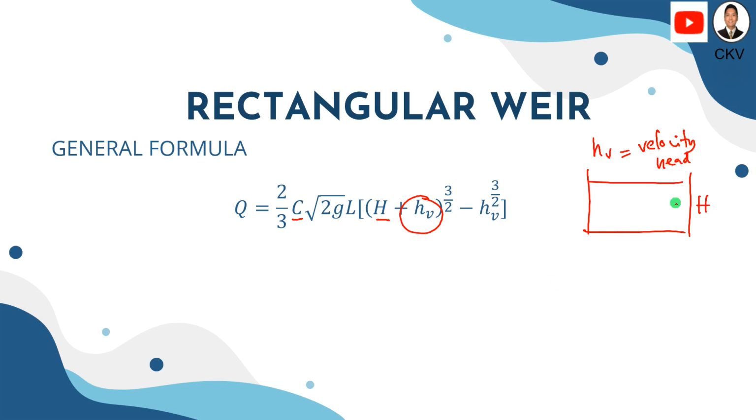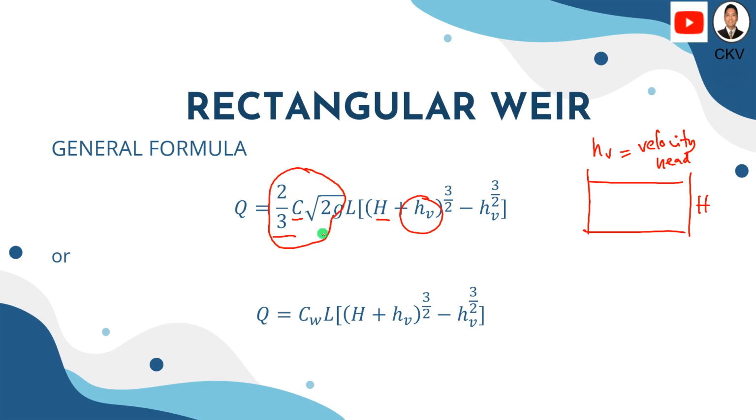It is a common practice to combine 2/3 C times the square root of 2g, these terms right here, into a single coefficient, which is Cw, or the coefficient of weir, or the weir factor, to shorten the equation. So here is your general formula for a rectangular weir.